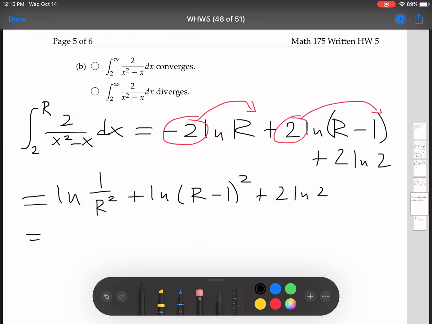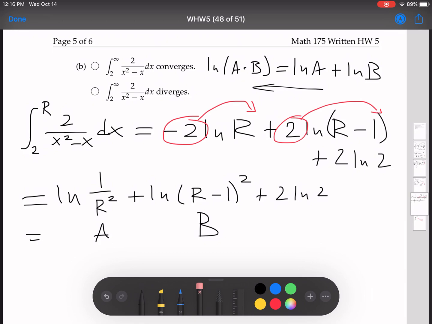And now using a rule of logarithms, remember that ln of a times b is equal to ln a plus ln b. So I'm going to go that direction with that, this being my a and that being my b.